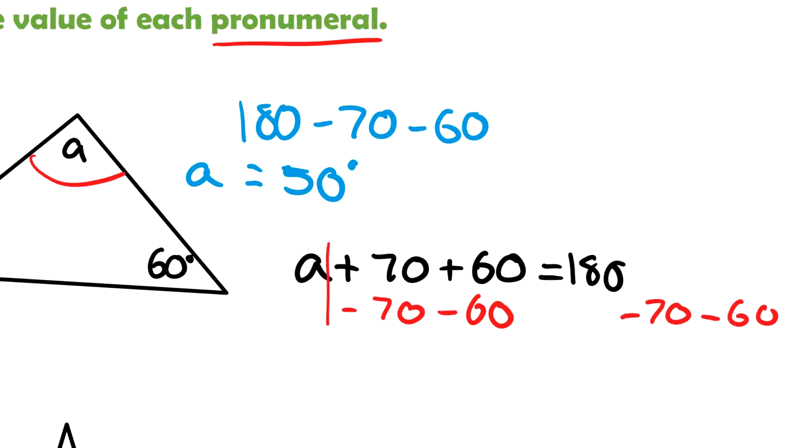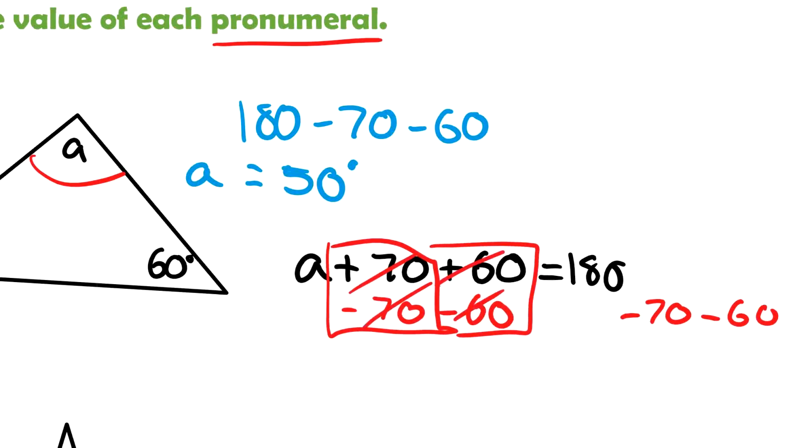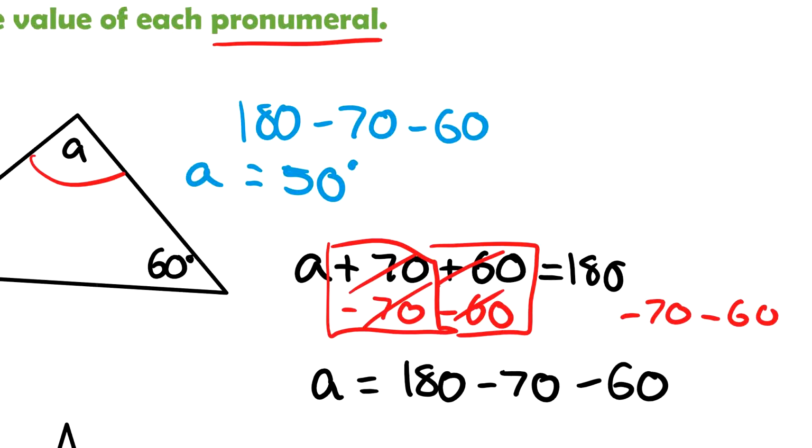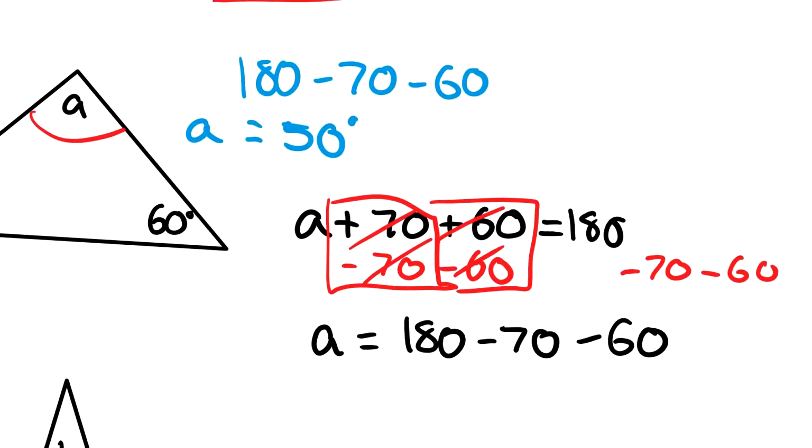Because these are opposites, plus 70 minus 70 cancel out, and I'm left with A equals 180, take away 70, take away 60. So we can finally write that down as A equals 50 degrees. So both ways work there.